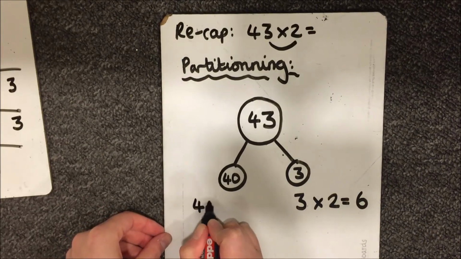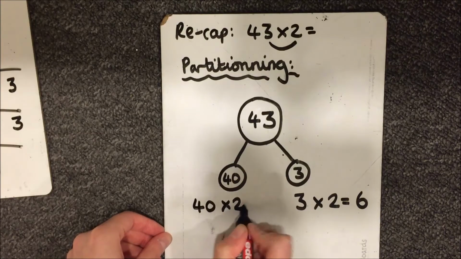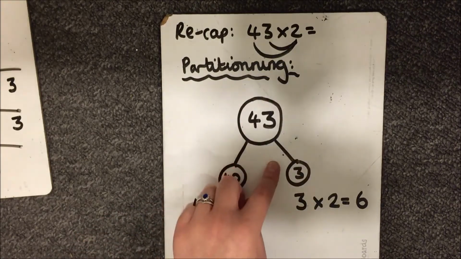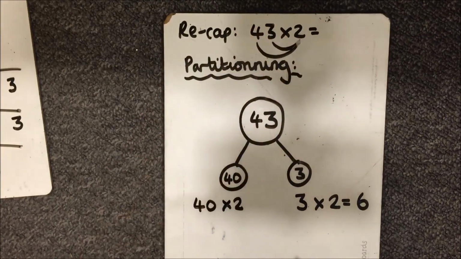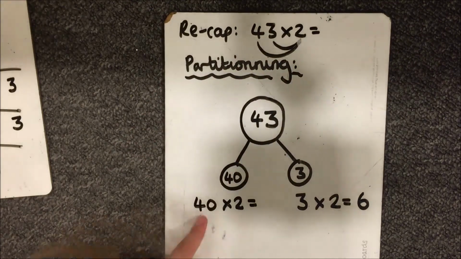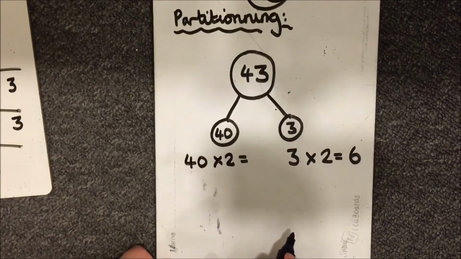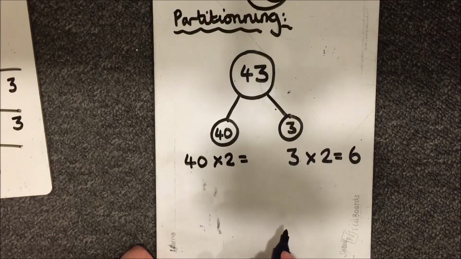Now we need to do the same with the 40. So I'm going to write 40 times 2. So I'm going to put this here. So we do the 1s times by 2, then the 10s times by 2. Oh, this is a tricky one, as we've got a 2-digit multiplied by a 1-digit. This one's easier as it's 1 digit times 1 digit. How do we do it? Some of you might know it in your head. Some of you might use your secret times table.